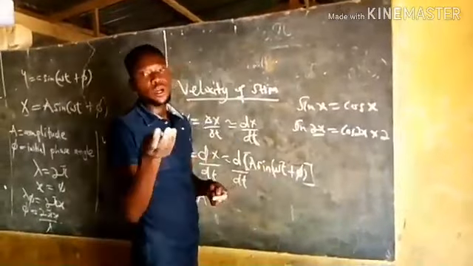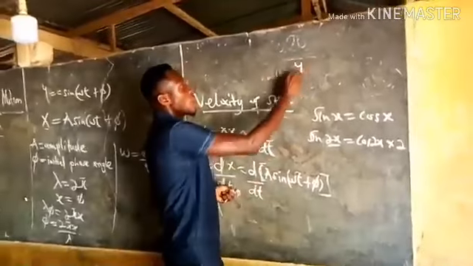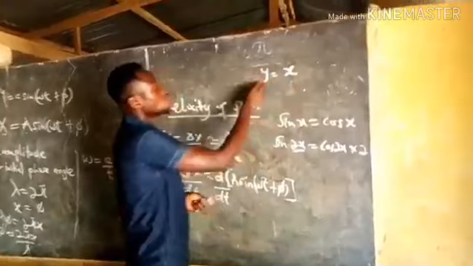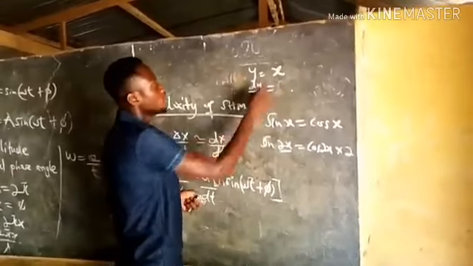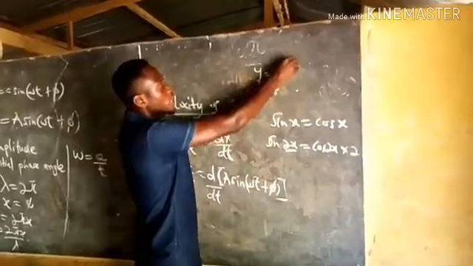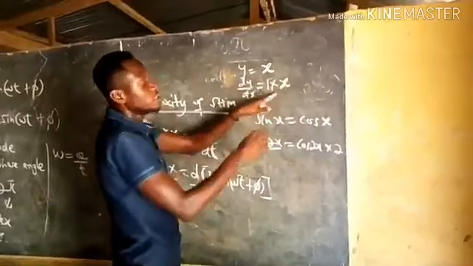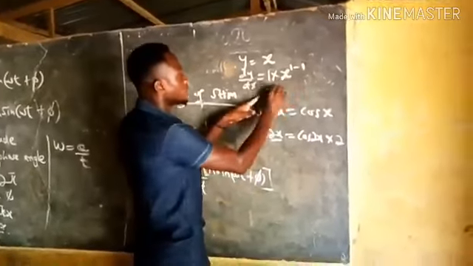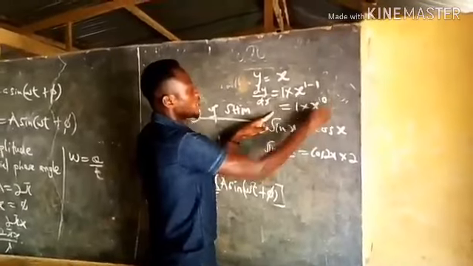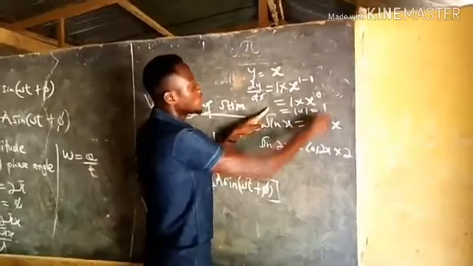So for the sake of those who have not done differentiation yet, this is how to differentiate. If I have y equals x, and I want to differentiate y with respect to x, that is dy/dx, you take the power, here it is 1, and multiply the function by it, so 1 times x. Then you subtract 1 from the power, so it's 1 minus 1. So this will give us 1 times x to the power 0. And any number to the power 0 is 1. So you get 1 times 1, and that will give you 1.